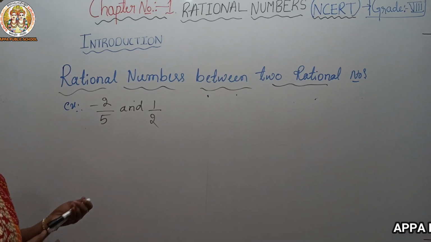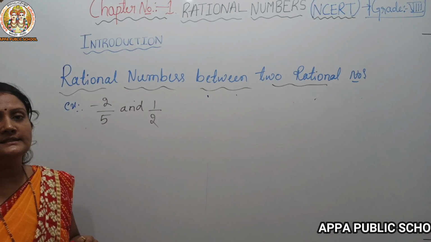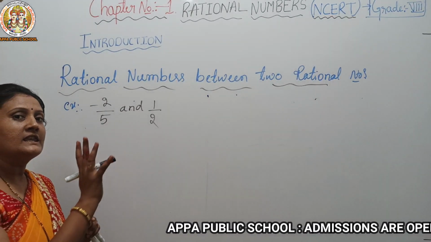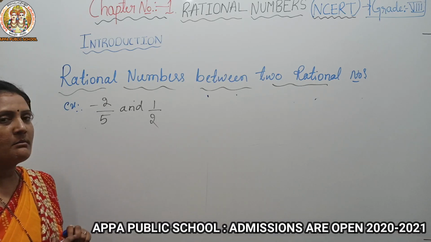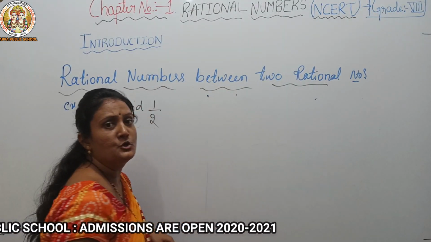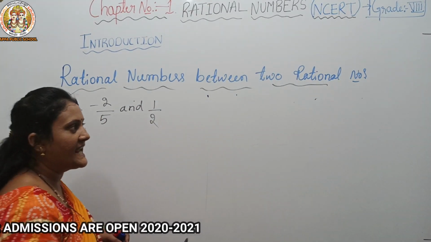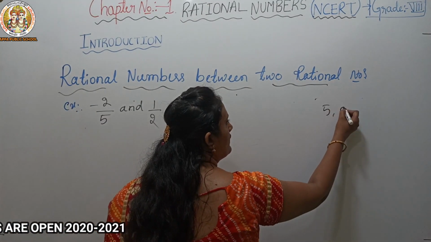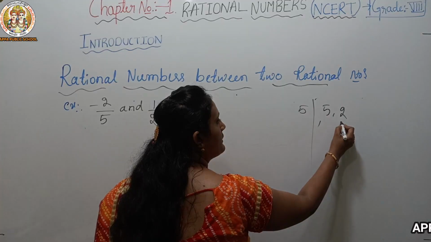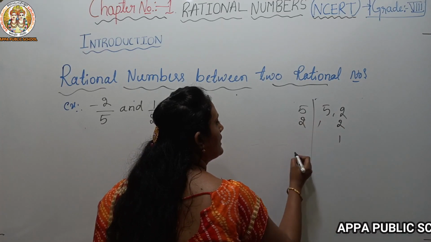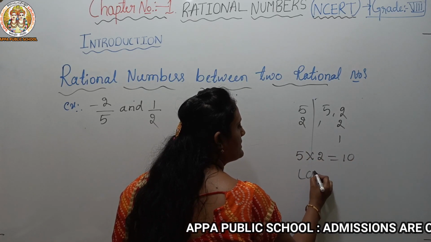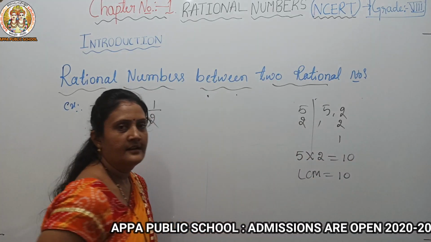First have a look at the denominators. Here it is 5, here it is 2. Let's make the denominators the same. How? LCM or common multiple of these two. What will be the first common multiple? 10. Or if you are not getting it, go for the LCM: 5 into 2, that is 10. So the LCM is 10, isn't it?